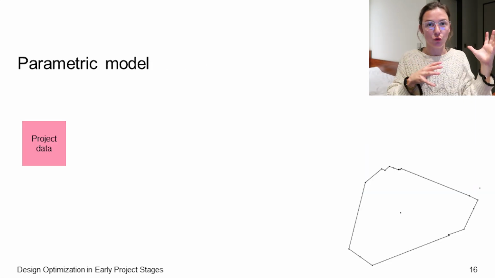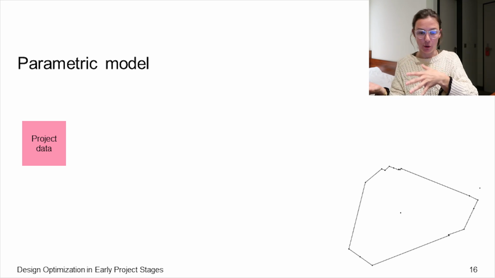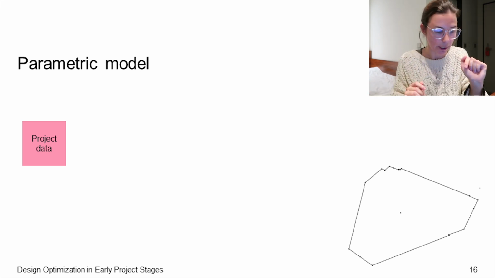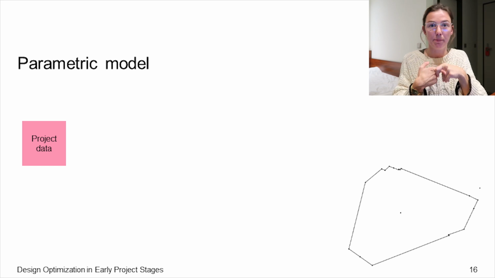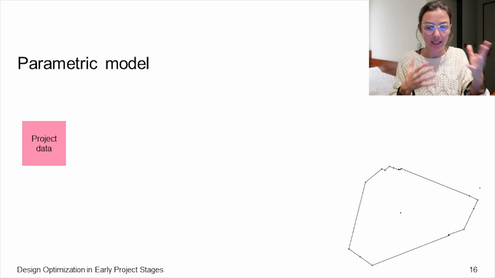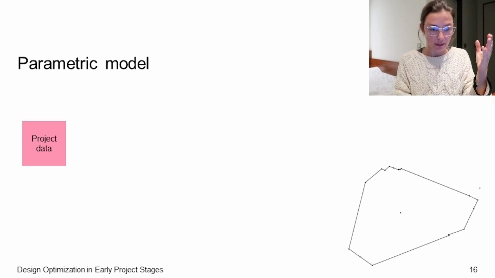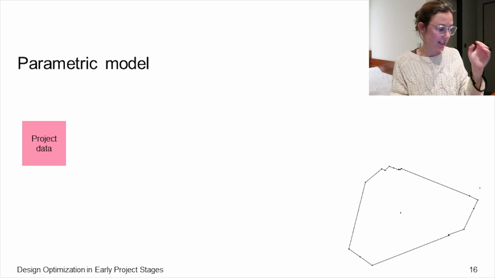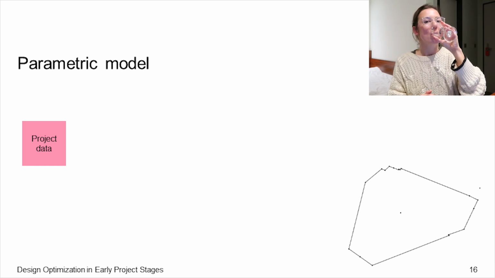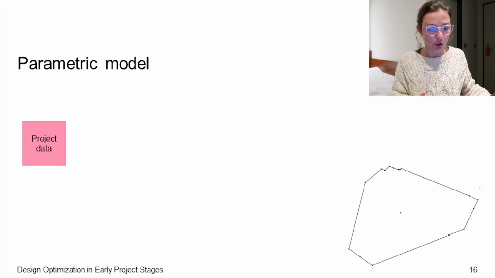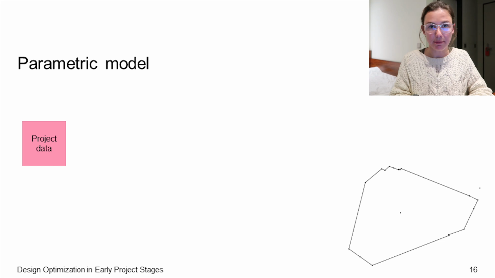So to translate this into a parametric model, I work like this. We start out with the project data, which is the same for all the solutions. We need the outline of the site. In this case, I chose a current Siemens project in Hanover and the number of employees that work there.